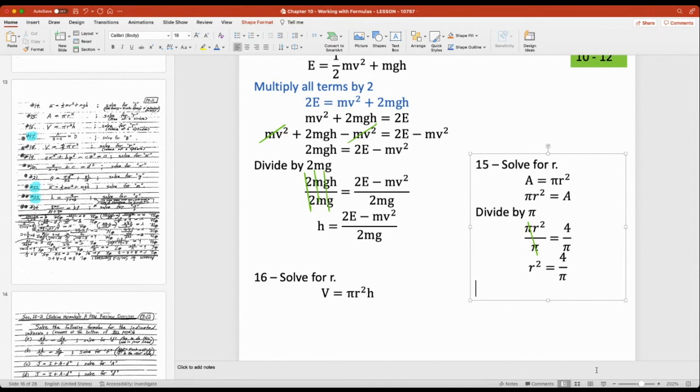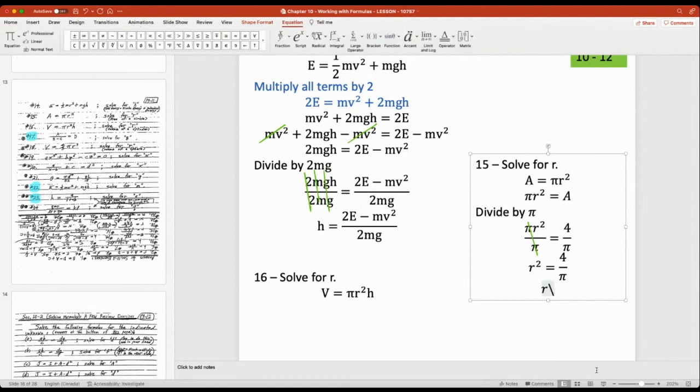Yeah, that's right, Marco. Good job. So what you want to do is square root both sides. So there it is. There's the answer.